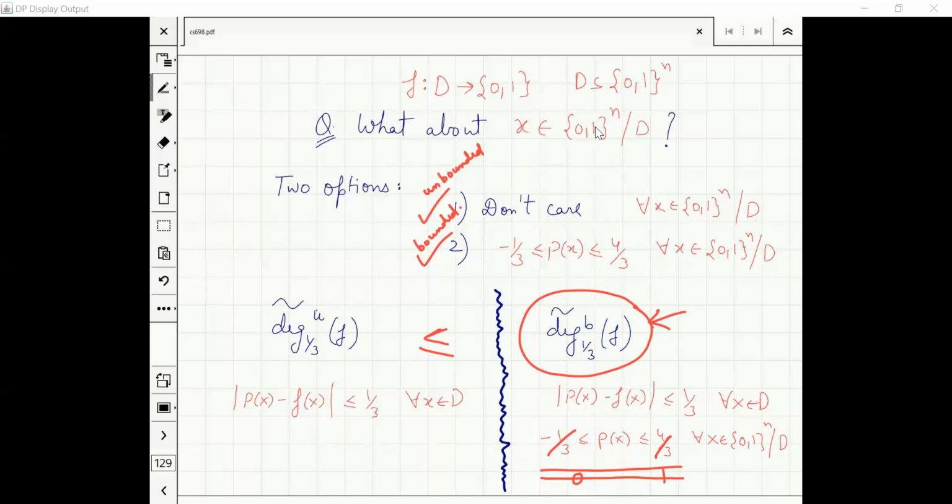Though if for all functions these two things were equal, then we wouldn't care. That would be a nice thing, right? We wouldn't have to worry about these two things. But you can kind of get a hint that this is not going to happen. So what do you think will happen for promise OR?